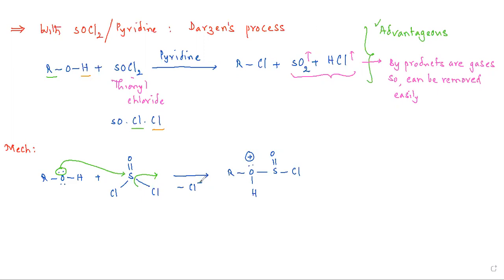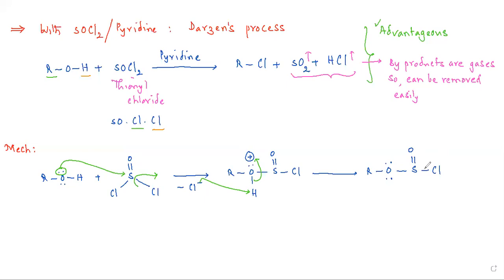Now this Cl minus abstracts the proton. We get RO, then S double bond O Cl.